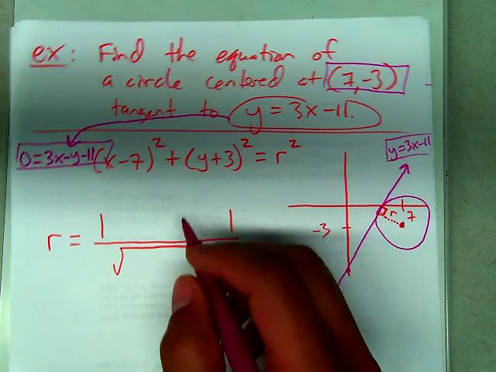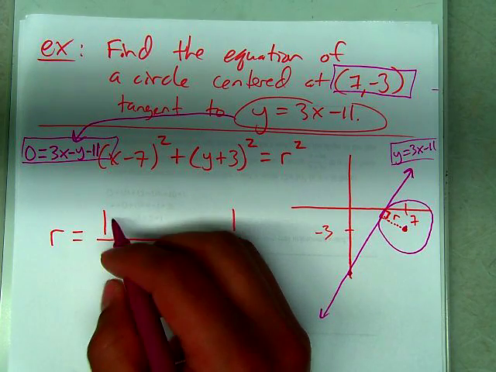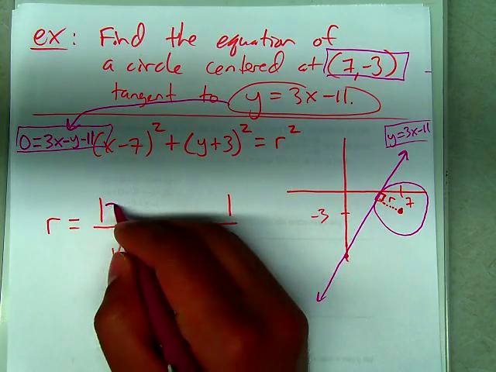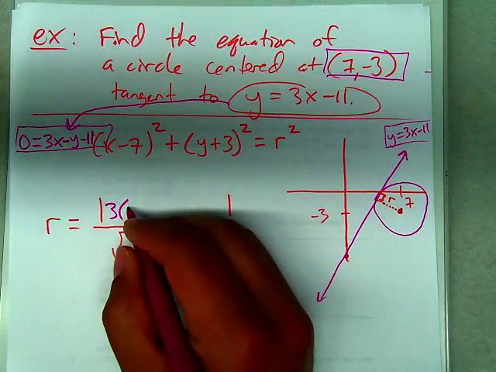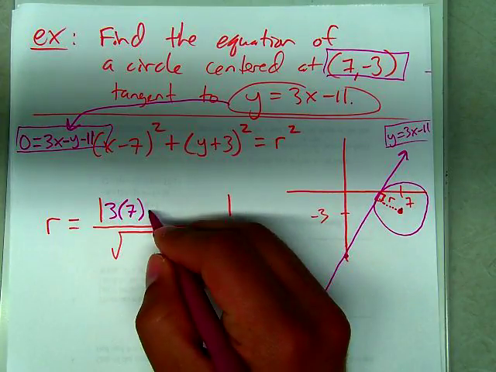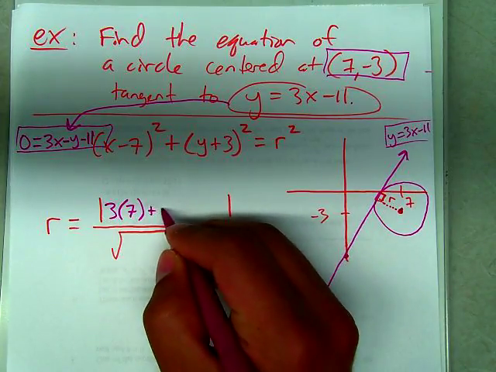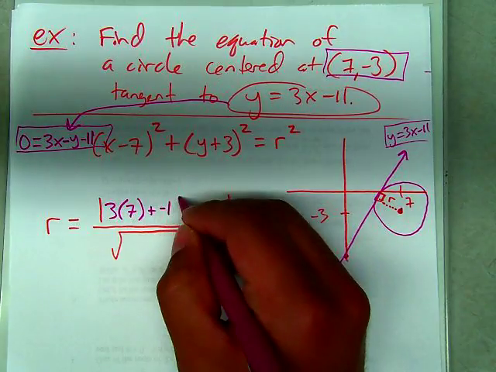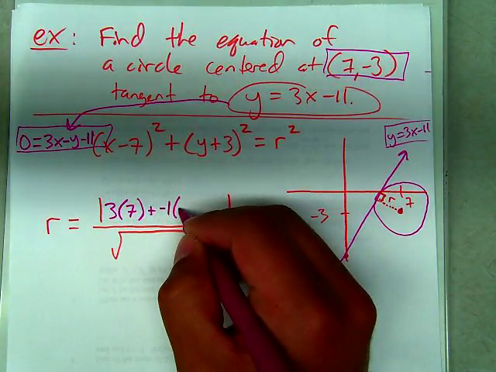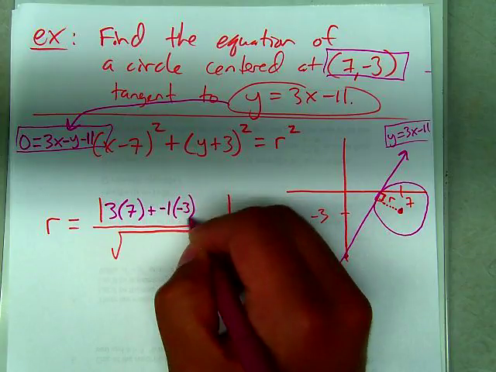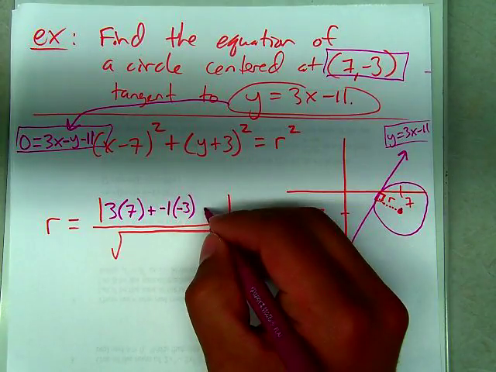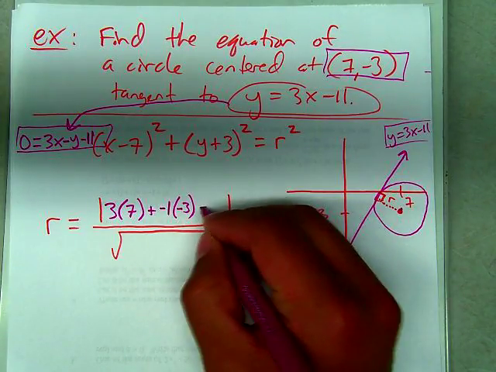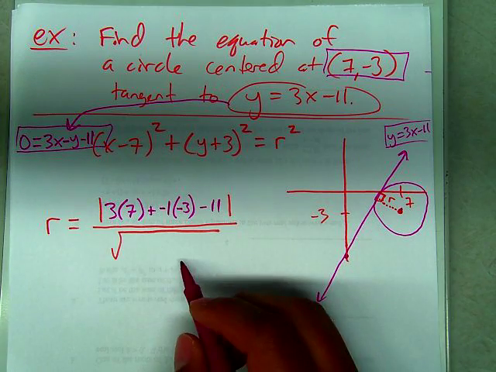Nice. So what should I put in the absolute value here? 3 times 7. Yes. Plus negative 1, because that's the b, times negative 3, plus the c value, which is negative 11.